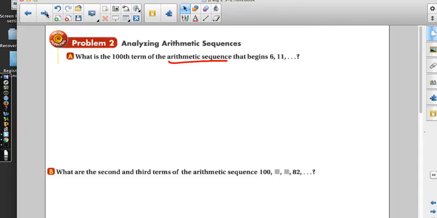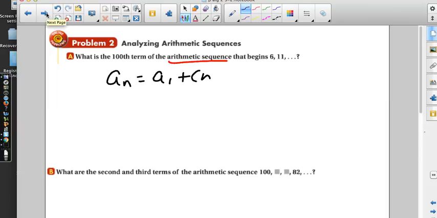So it's a good thing they told us. Secondly, the first thing that pops in my head is, hey, I've got a formula for that. And I'm not using recursive because they want the 100th term. I want explicit.